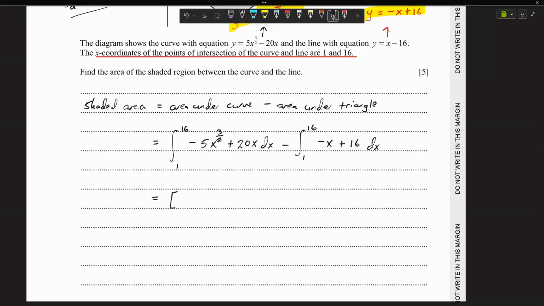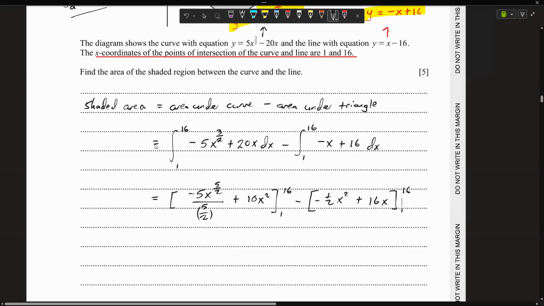The first one will be minus 5 x to the power of 3/2 plus 1, that's 5/2, and that's over 5/2. All right, and that's going to be plus. For 20x, integrating it gives us 10x squared, and that's 1 up to 16, and that's going to be minus. Integrating this gives us minus a half x squared plus 16x, and we have 1 up to 16 still.